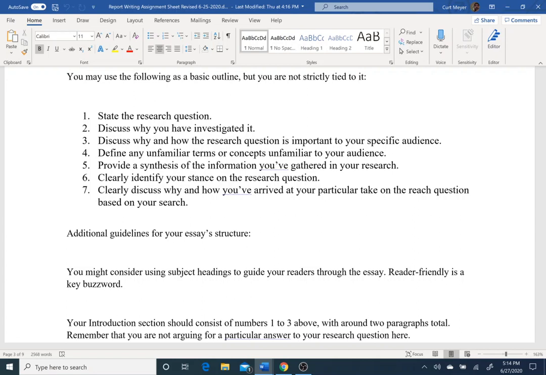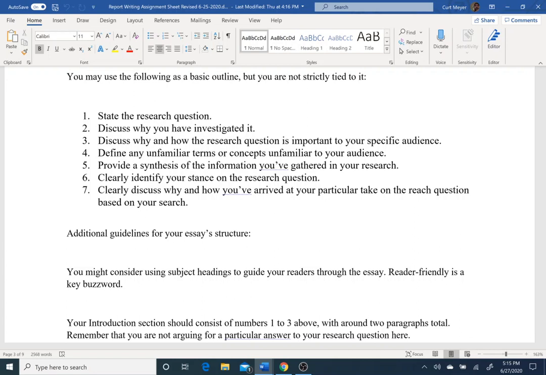But your own position is not privileged in the essay. Your own position is not in the forefront, right? Your own position is not first, okay? But you can, as the essay concludes, talk about your own position and briefly talk about why. Why do you have this position, right?